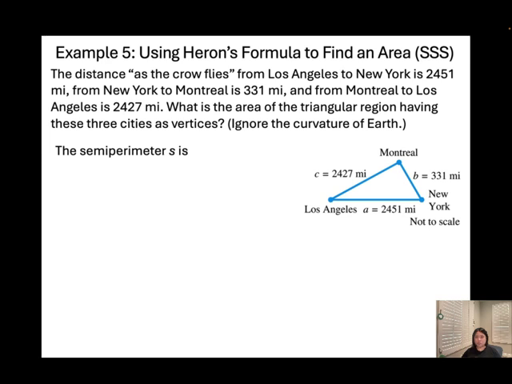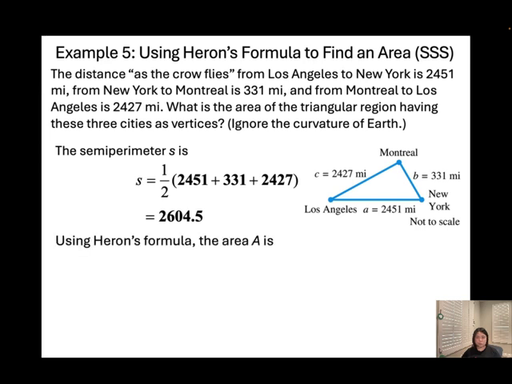First, find out the semi-perimeter, the S. So add it up and then divide it by 2. Use a calculator, you should get this. And then we're gonna use Heron's formula to find the area A. Try plugging it in.